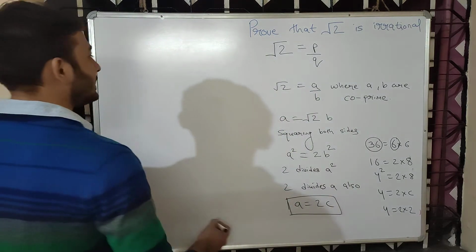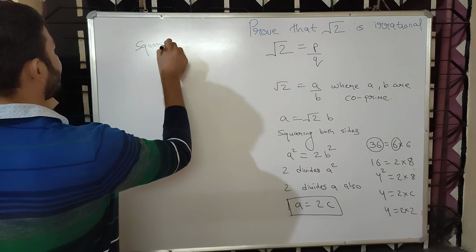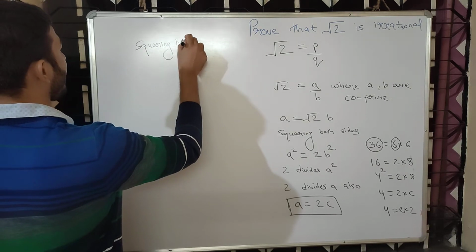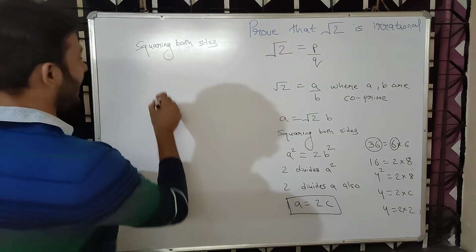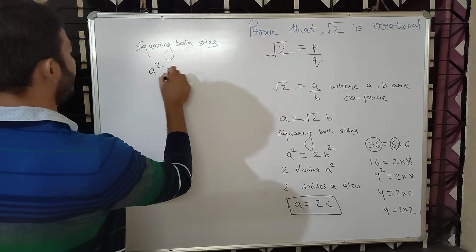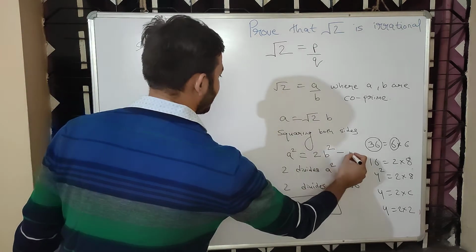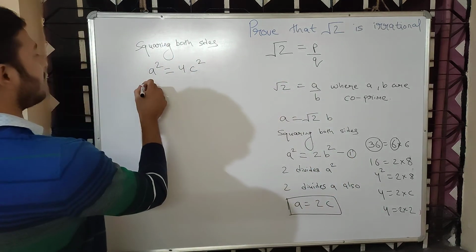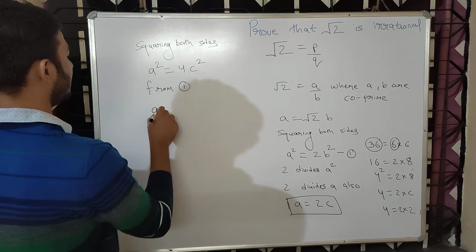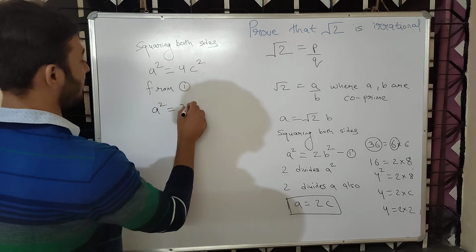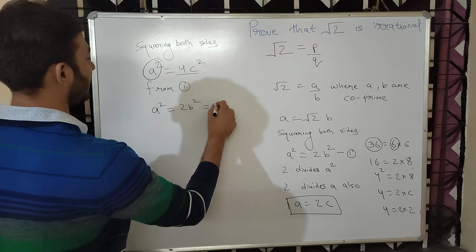Now again we'll square it. Squaring both sides, what will I get? a square is equal to 2 b square, and a square is also equal to 4 c square.